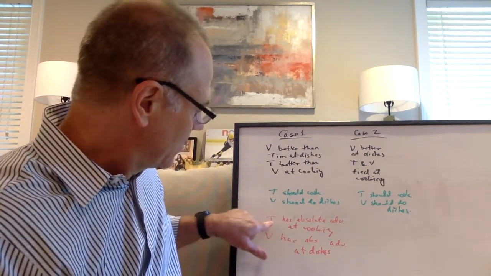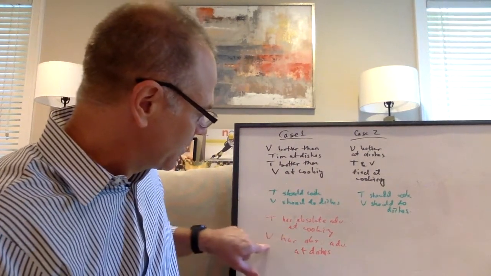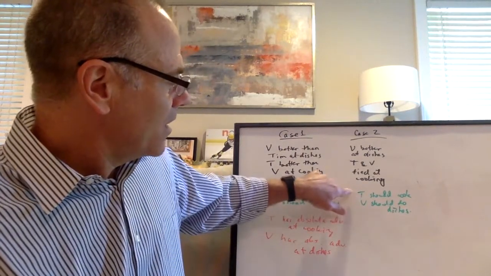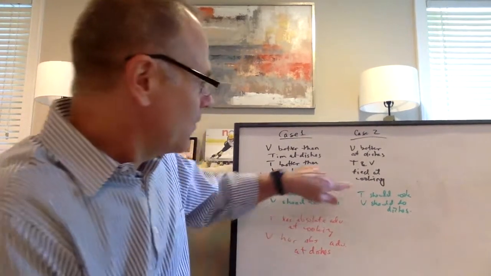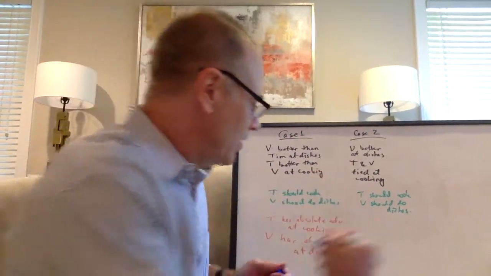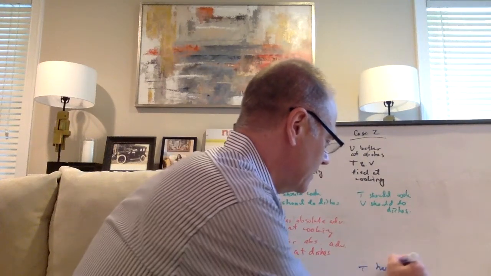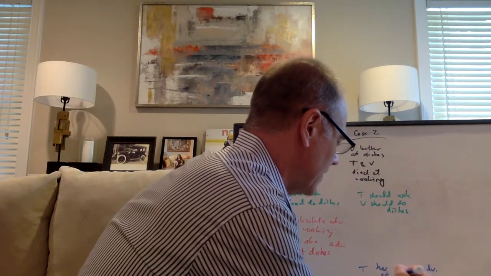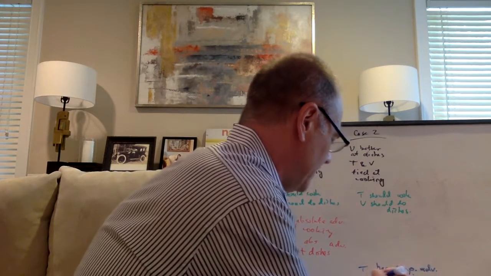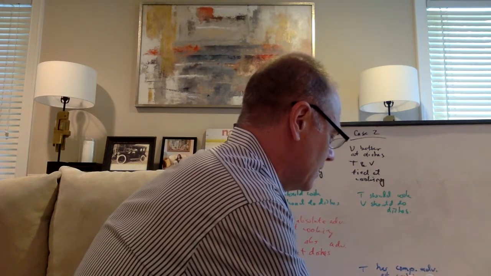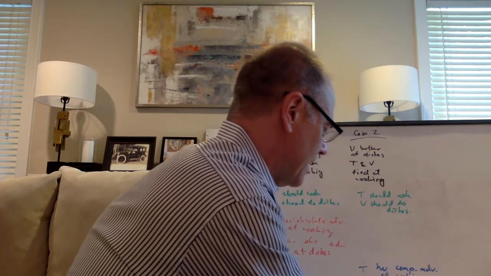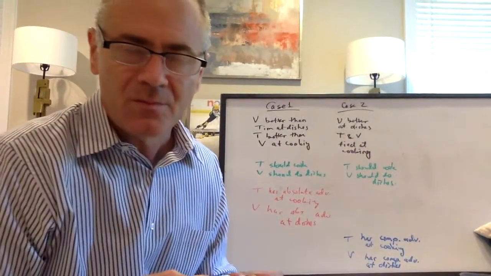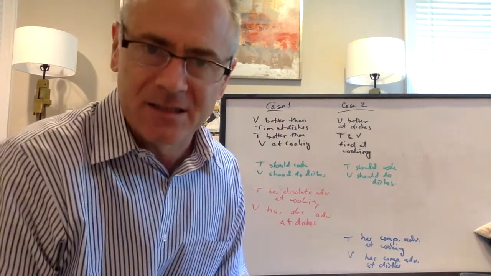So we would say here, Tim also has a comparative advantage at cooking. Victoria has a comparative advantage at doing the dishes. Here, when we're tied, we say Tim should cook. So Tim has comparative advantage at cooking. Victoria has comparative advantage at dishes. Okay. So I hope everyone can see that would make sense in this case too.